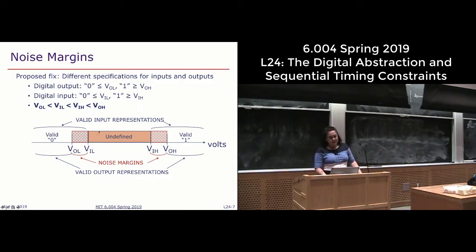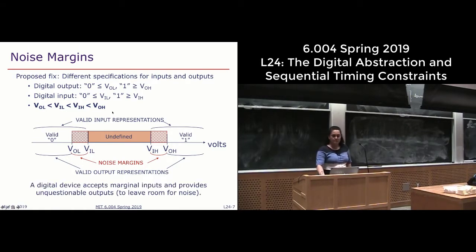And we continue with the concept that the region between VIL and VIH is just an invalid value, and we don't know what happens there. And remember this inequality: it's always going to be the case that we want our VOL to be less than VIL, less than VIH, and less than VOH.